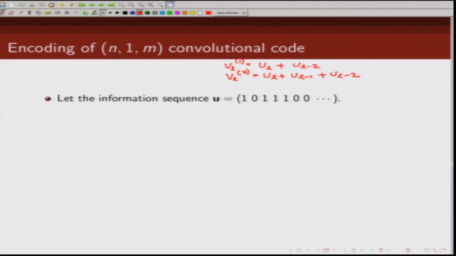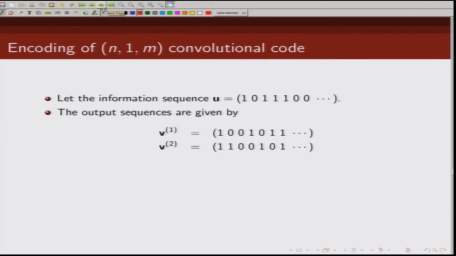Now, we can show that our output coded sequence will be given by this. Now, this can be easily verified. So, let us say what was our output coded sequence? V1L was UL plus UL minus 2 and V2L is UL plus UL minus 1 plus UL minus 2.